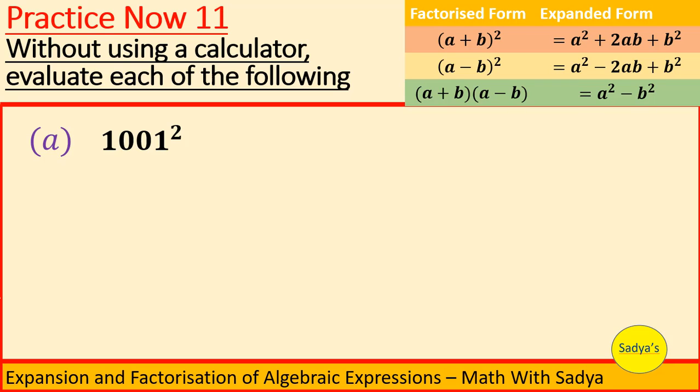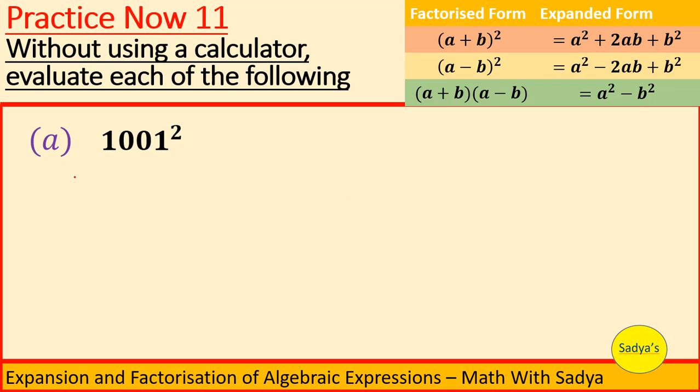Part A is 1001 squared. If we need to find the square of 1001, we can do it easily using one of the three identities. But first of all, we will have to make the form of the identity.